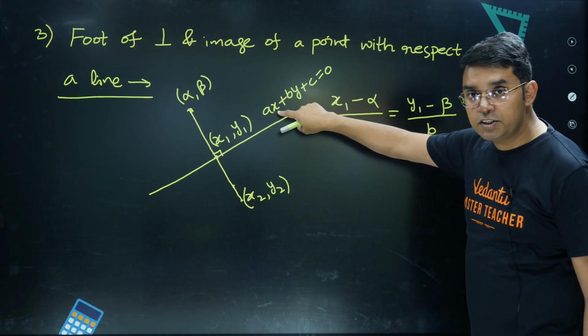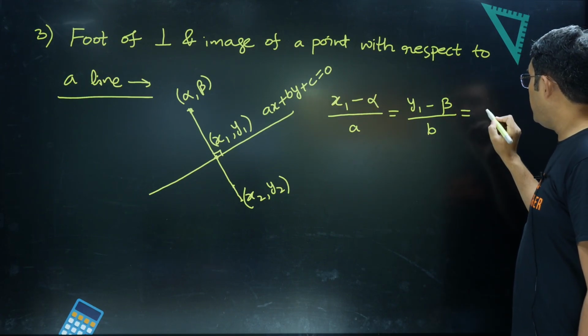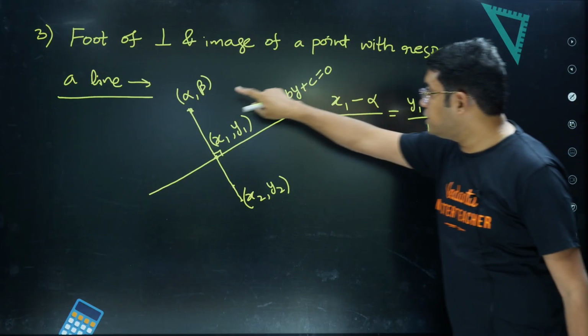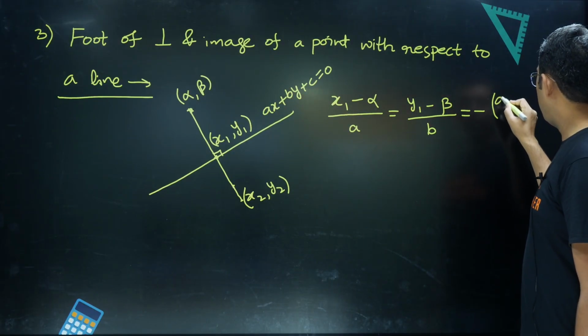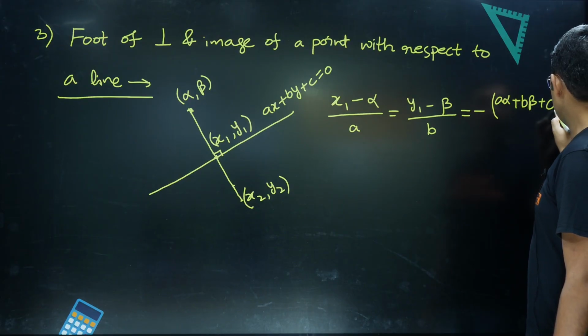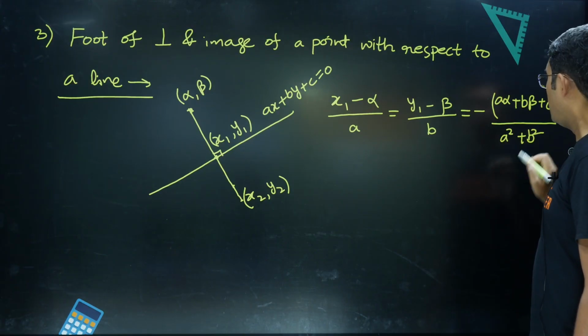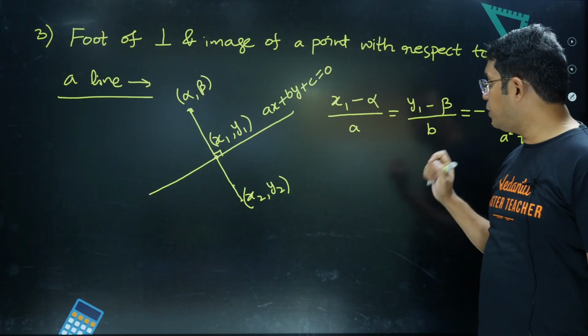A is the coefficient of x, b is the coefficient of y, and that will be equal to minus times, put this alpha beta in this line and you will get a alpha plus b beta plus c, and whole divided by a square plus b square. So this is how you will get the foot of perpendicular.